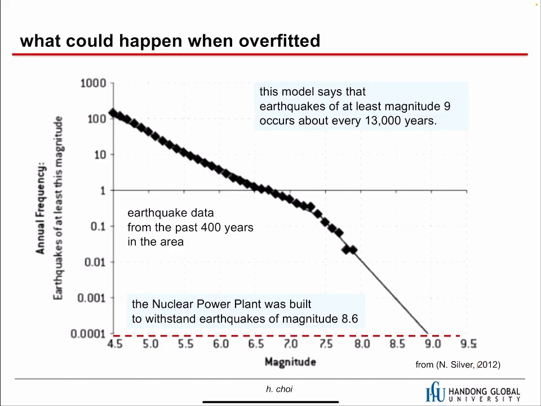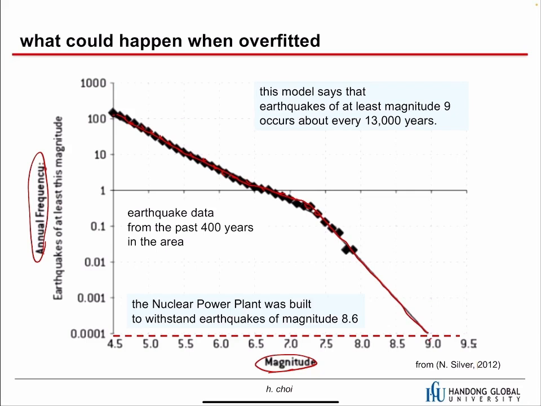Based on the analysis, they estimated the relationship between the magnitude of the earthquake and the frequency. These are the samples, and then they made a model like this. Based on this model, earthquakes of at least magnitude 9 occur about every 13,000 years.